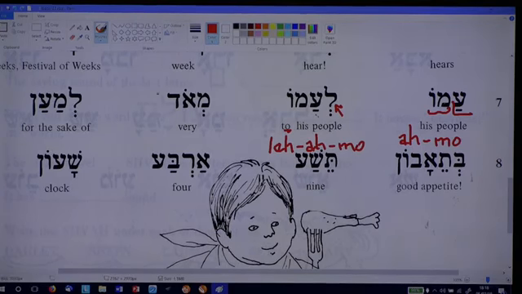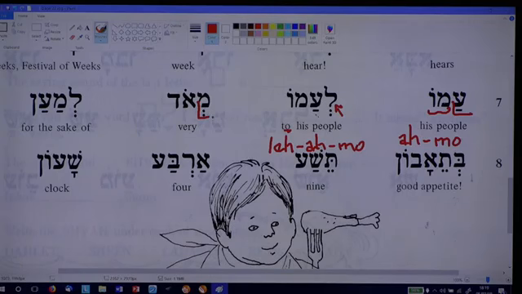This word is very important. And the mem, that's not a prefix. It's just part of the word.